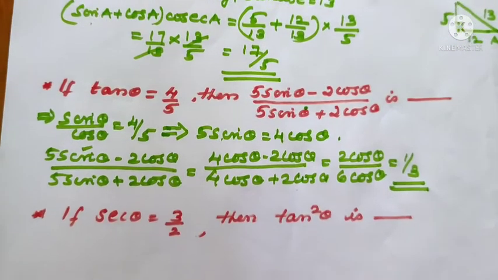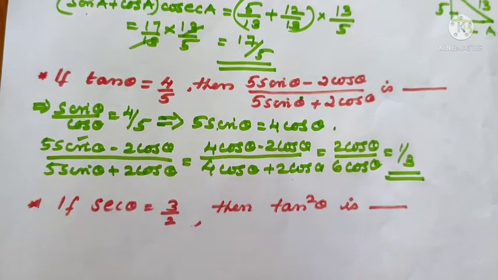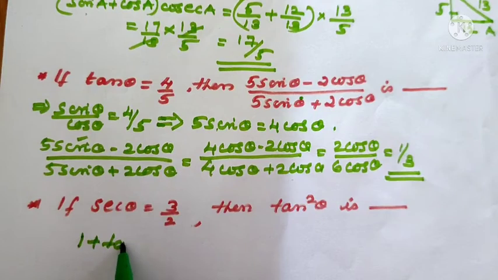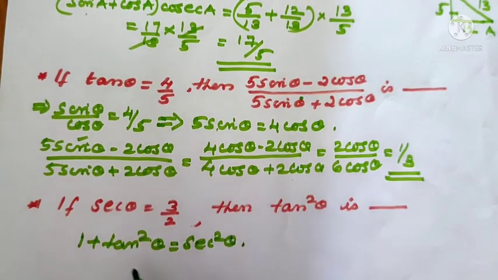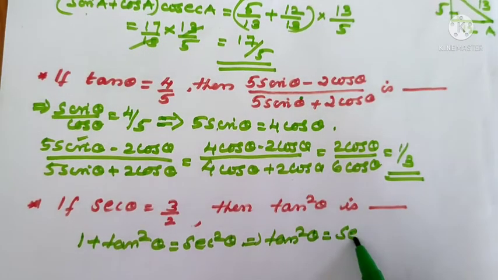Okay. Next question. Sec theta equal to 3 by 2. Okay, what is tan square theta? So we already know the second identity: 1 plus tan square theta equals sec square theta only. So tan square theta is asked here. So we will write tan square theta means sec square theta minus 1.